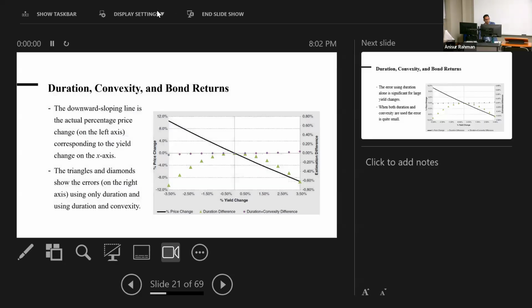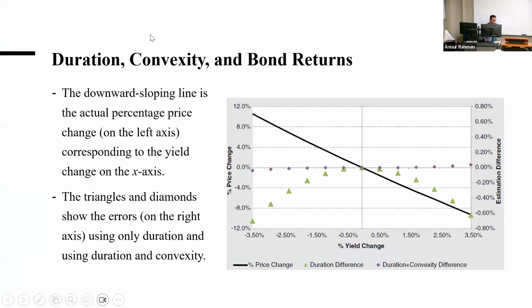So this curve, black, that is our actual price change, right? And this estimates the difference based on duration, the difference based on duration and convexity.